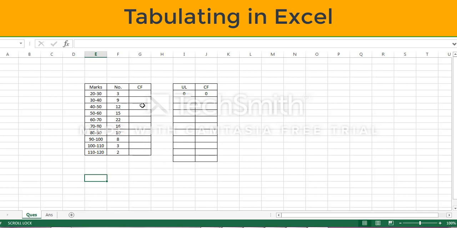So we can go ahead and find out the cumulative frequency. This is also called the zigzag method, wherein I take the frequency of the previous row and add it to the frequency of the current row.